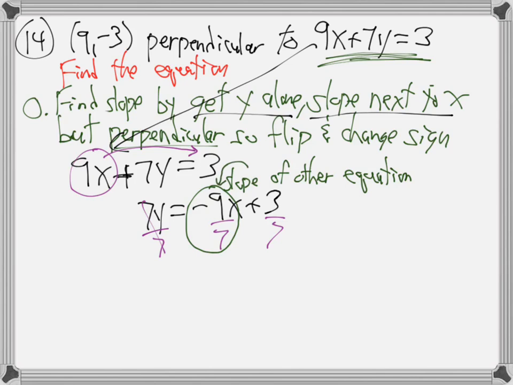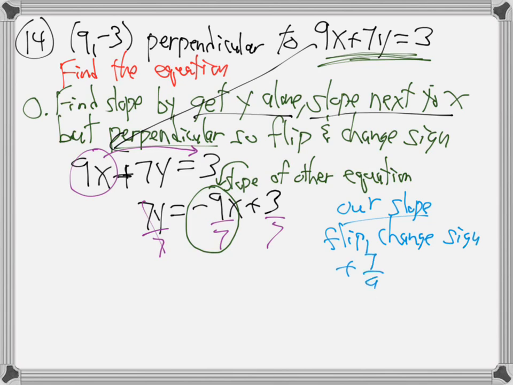So what's our slope? Our slope would be flip and change the sign. Positive 7/9. Is that good? I took this thing and I flipped it and I changed the sign.